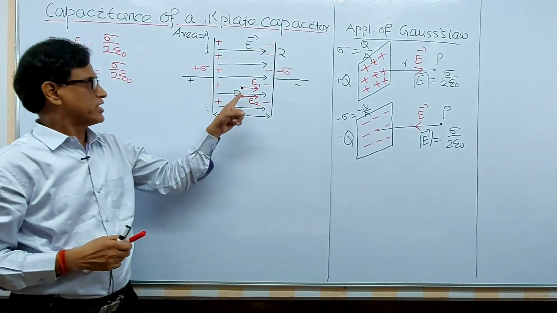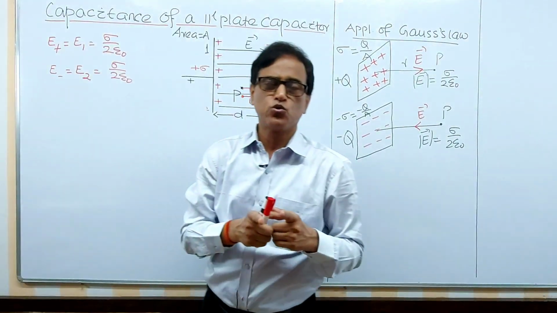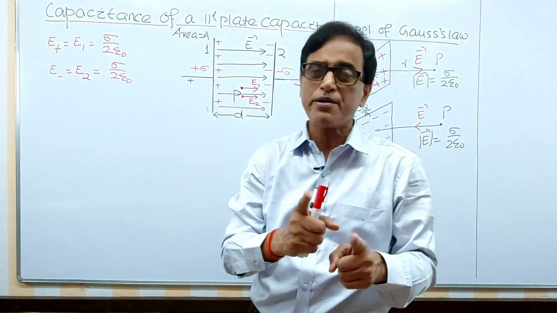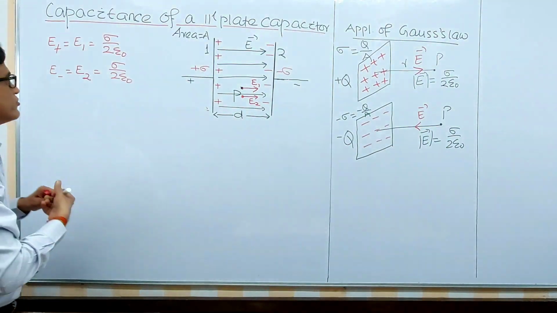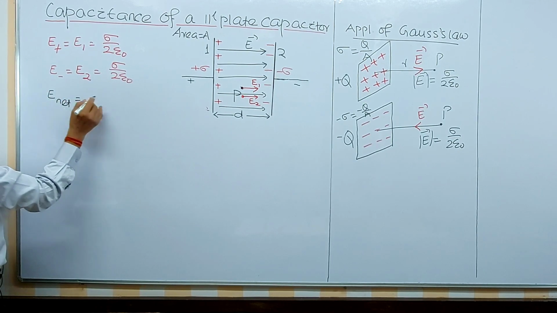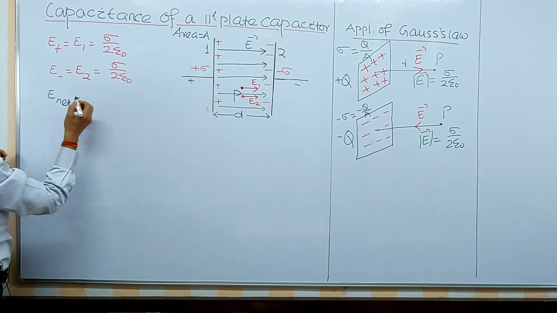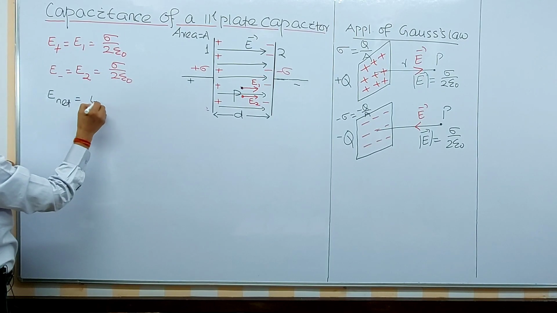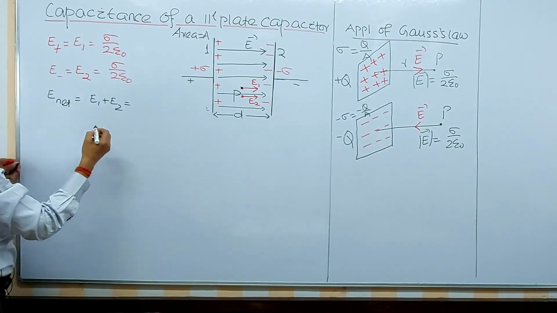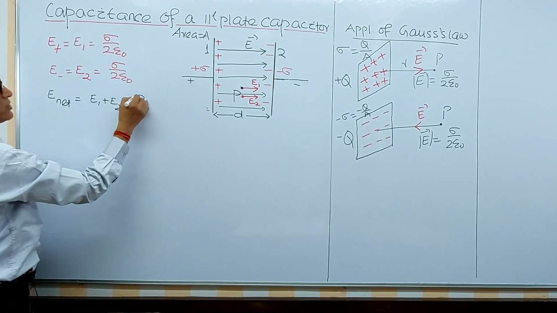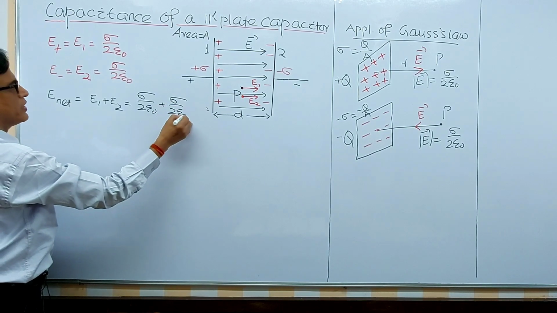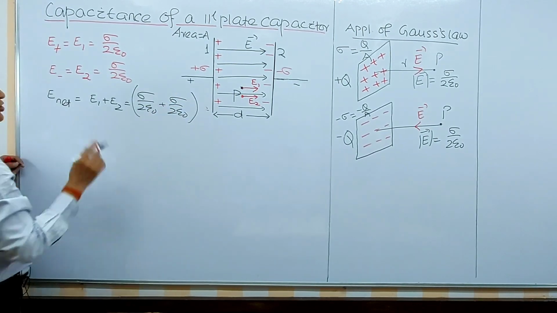Now your idea is very clear. Both E1 and E2 are in the same direction. That's why the net field E net at the point P equals E1 plus E2, as the direction says in the diagram, so you can add these two: sigma by 2 epsilon 0 plus sigma by 2 epsilon 0.